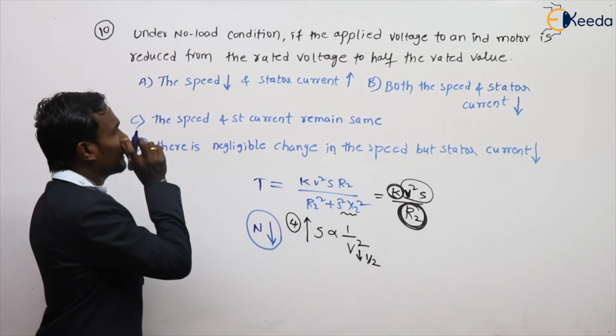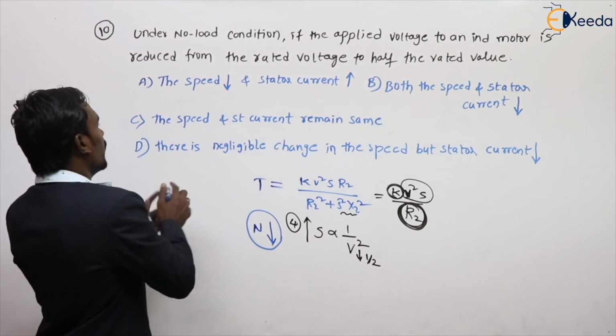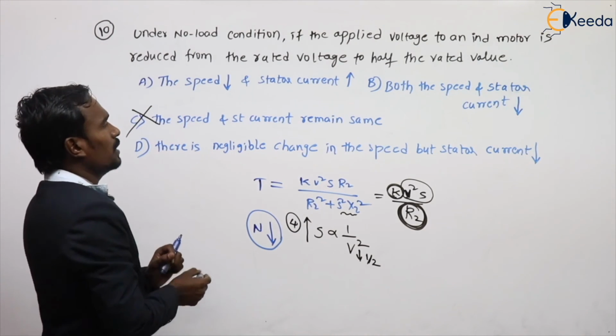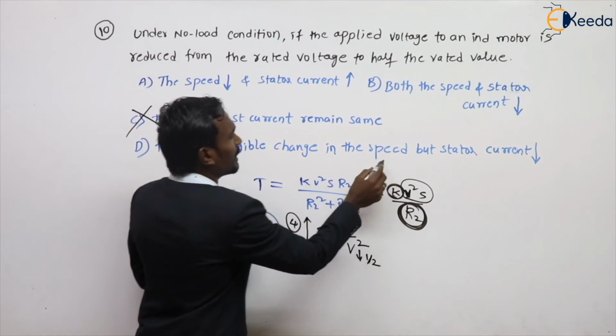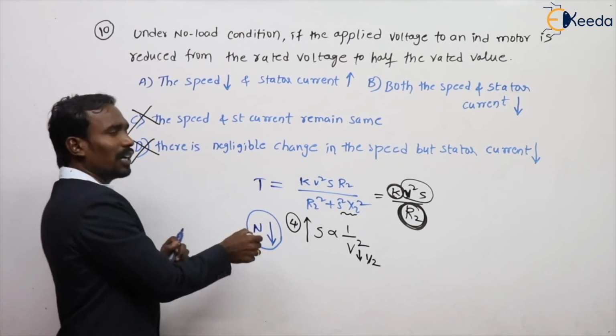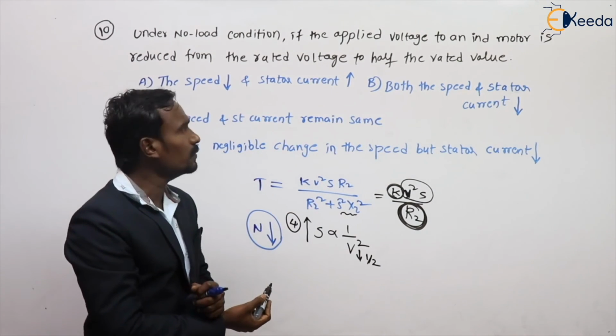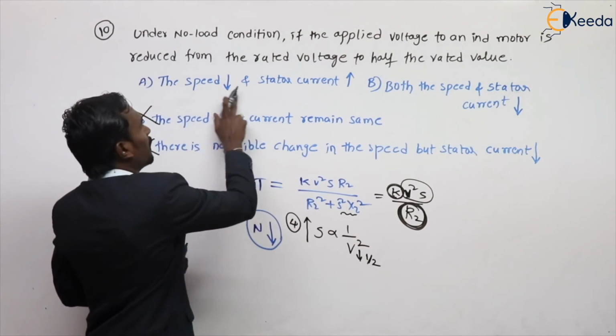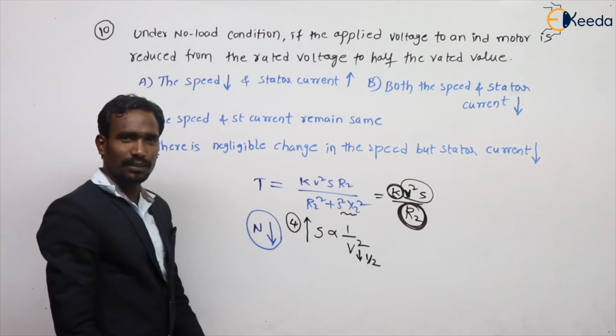So which of the following is the correct answer? Speed remains the same is the wrong answer. A negligible change in speed is the wrong answer, as there is a lot of change in speed. Both speed and stator current decrease. Speed decreases and stator current increases.